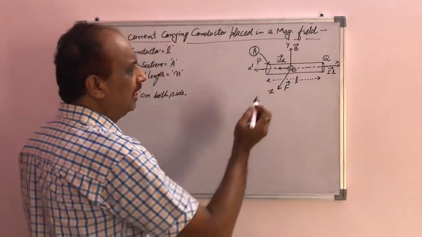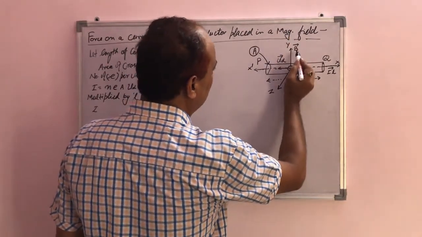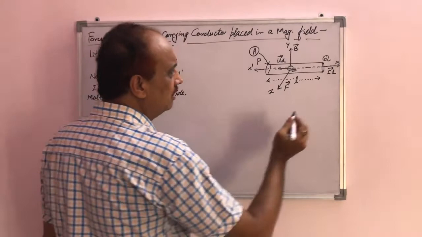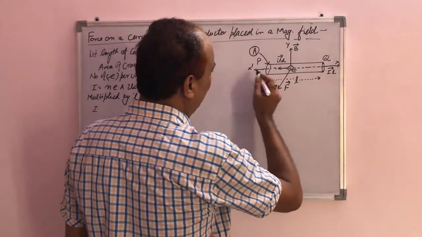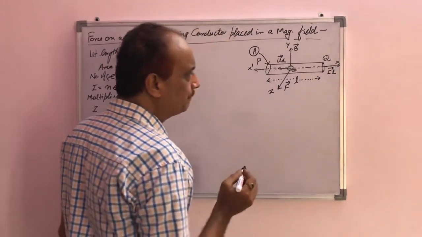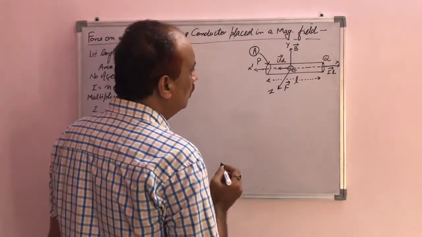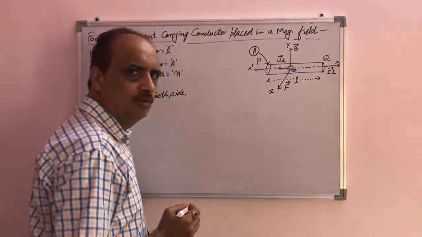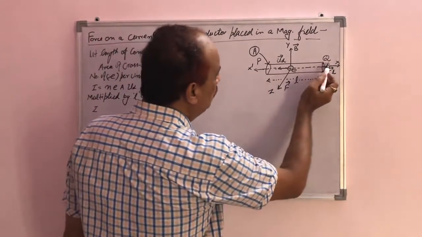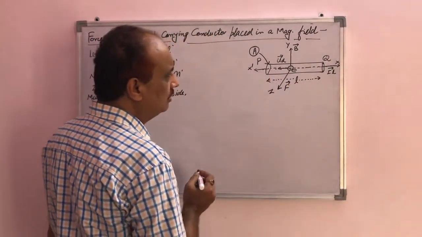The magnetic field acting on that conductor is along the direction Y, that is B vector, and the current element IL vector is along the direction X'X, since current is flowing from P to Q. Therefore electrons will flow from Q to P, just opposite to the direction of flow of current.